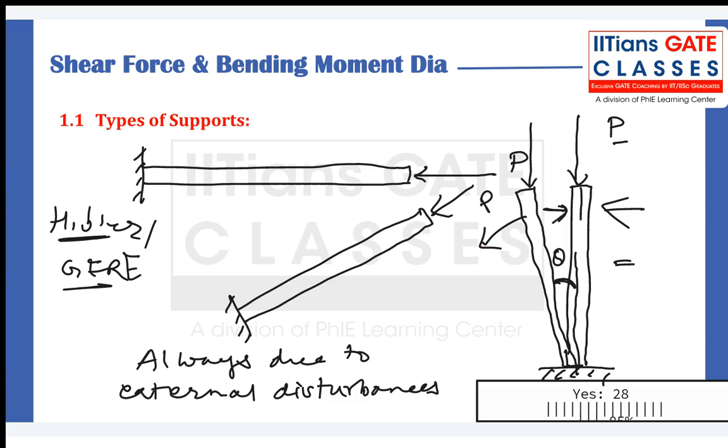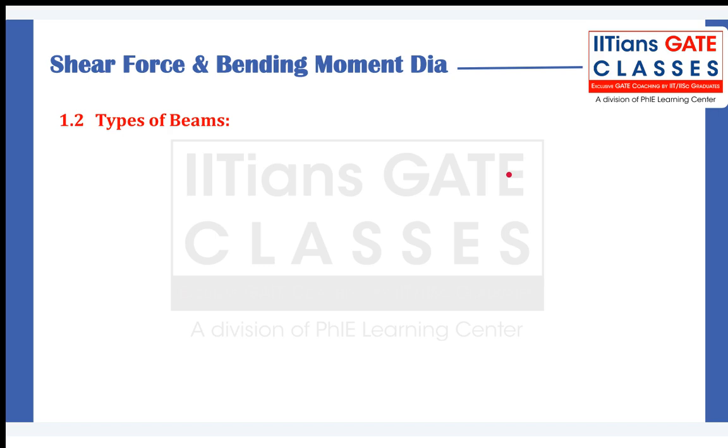So guys, what happens when it deflects? Suppose it got deflected by some deflection. If the length is L, this deflection will be L theta, right? So this L theta into P is the moment created by this P load, right?